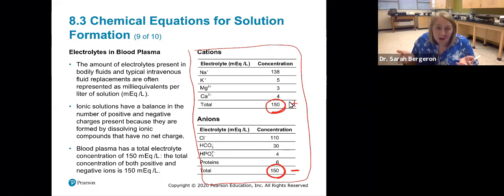So in our blood plasma, we have an equal number of plus charges as we do negative charges. And so they balance out so that our blood actually ends up being neutral.